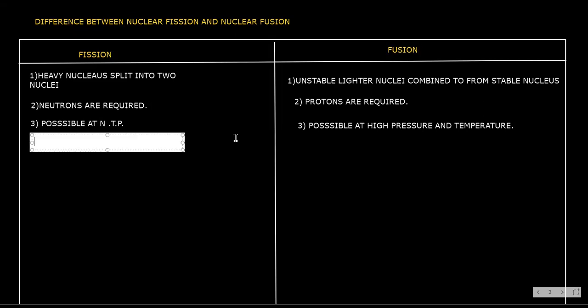Next, the fourth point: energy released per nucleon. In fission, the energy released per nucleon is nearly equal to 0.9 mega electron volt.